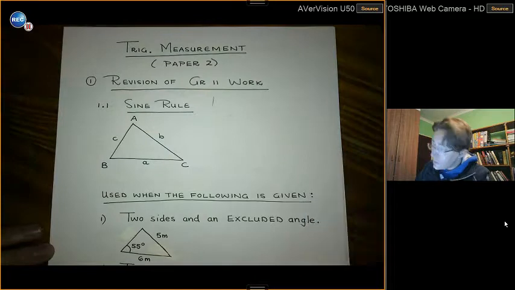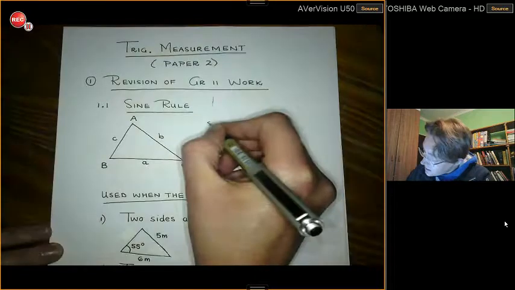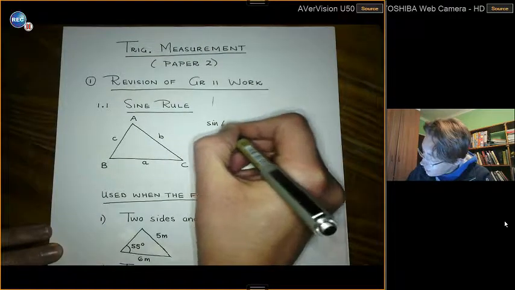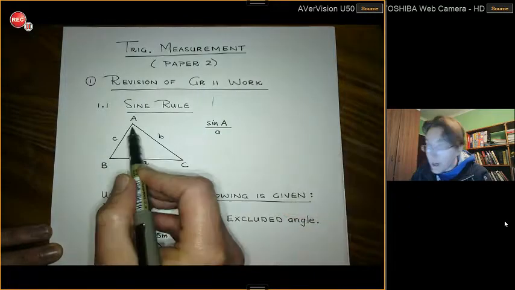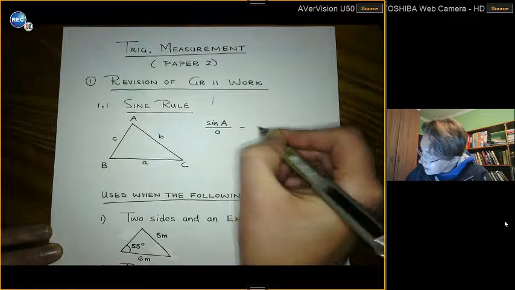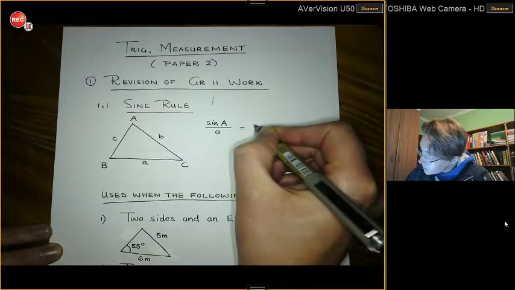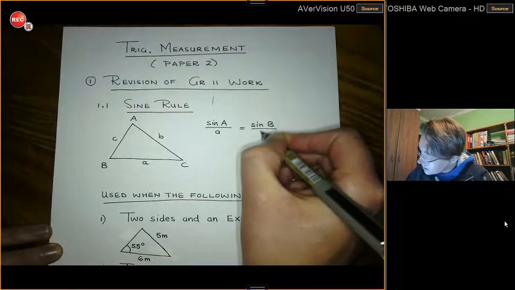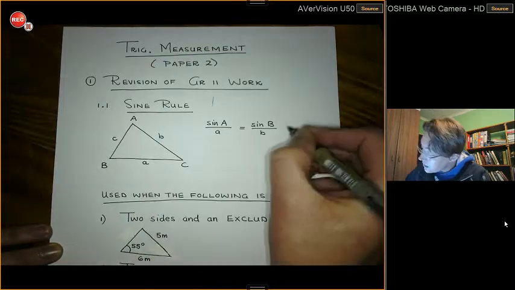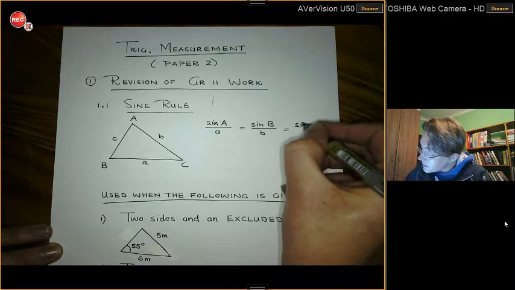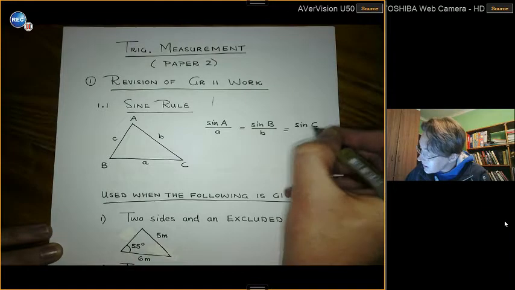So what it says is that sine of angle A over A, the ratio of the sine of the angle over the opposite side, will be equal to the sine of angle B over side B, which will then also be equal to the sine of angle C over side C.